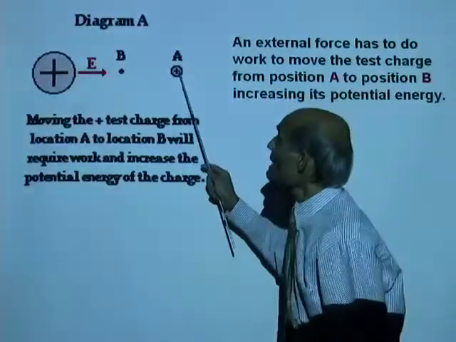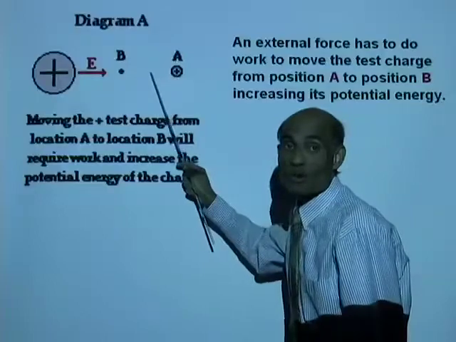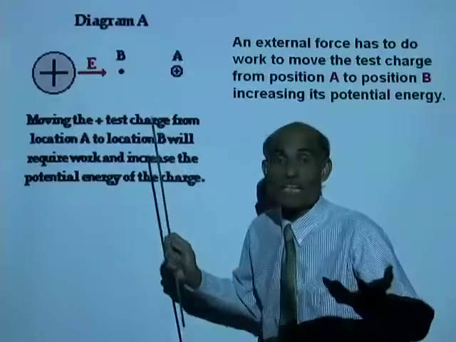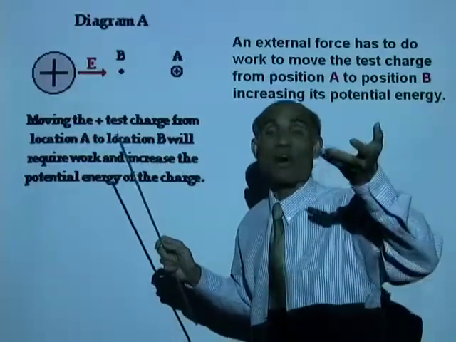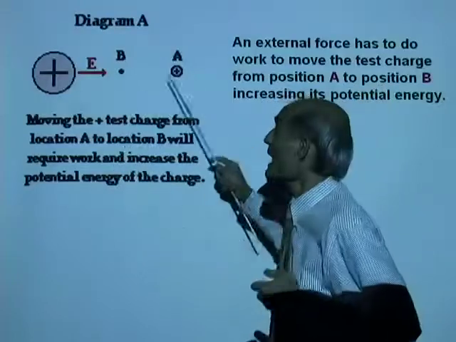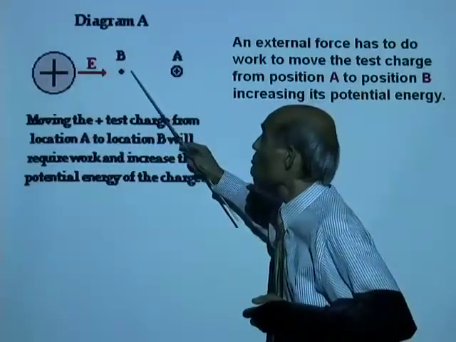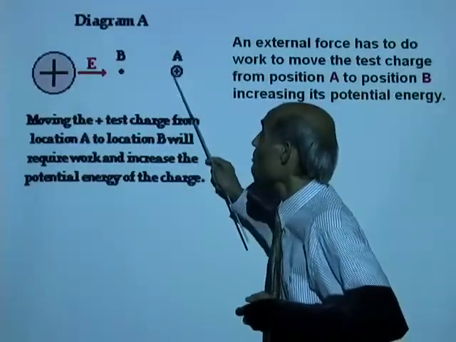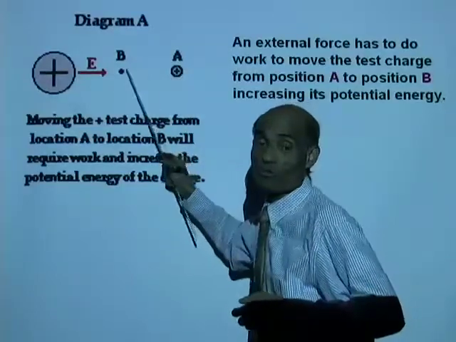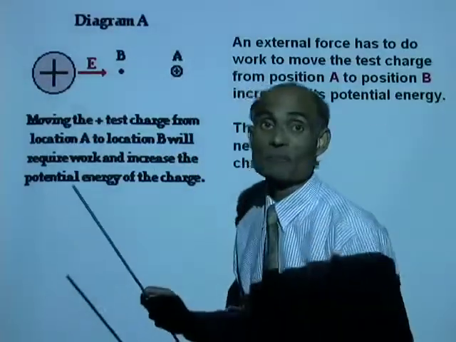So, moving a test charge towards a positive charge is like raising an object in the gravitational field. An external force has to do work to move this positive test charge from A to B.